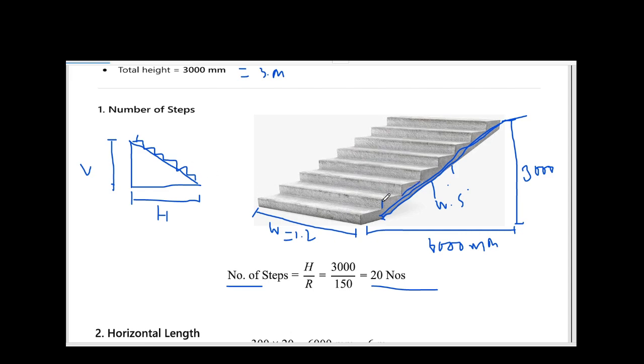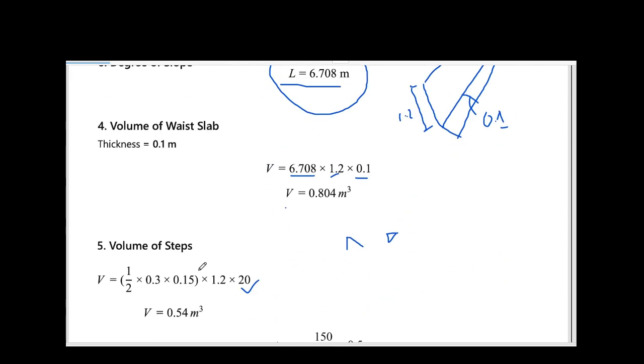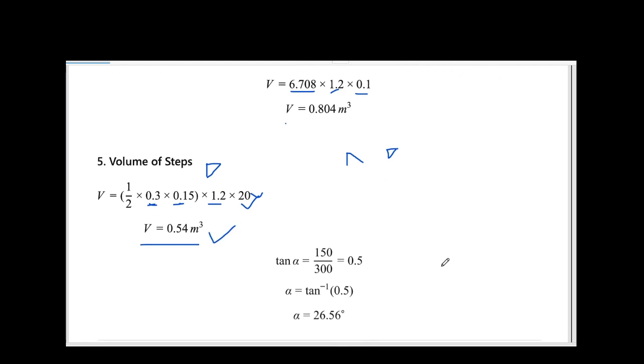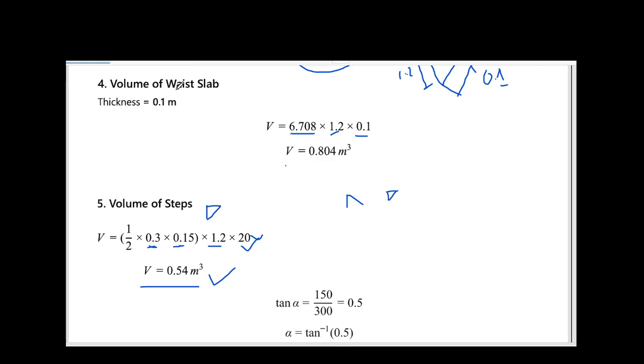So how will you find it? First, you find the area, half into tread into riser. If you multiply the area with the width, you get the volume, and then multiply by the number of steps. So the total volume required for the steps is 0.54 cubic meters. The total volume is the sum of the volume of concrete used in the waist slab and the volume of concrete used in the steps.